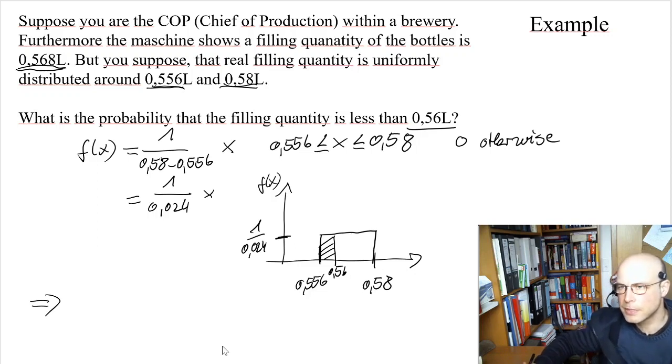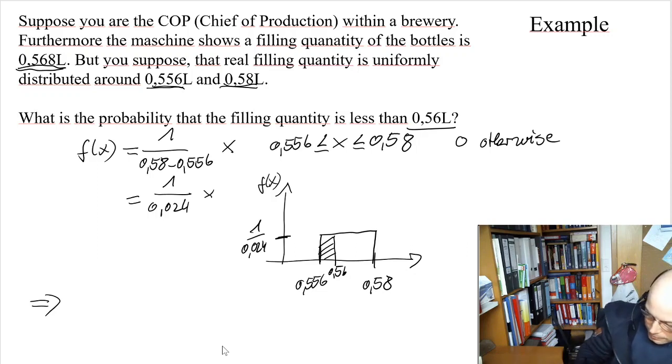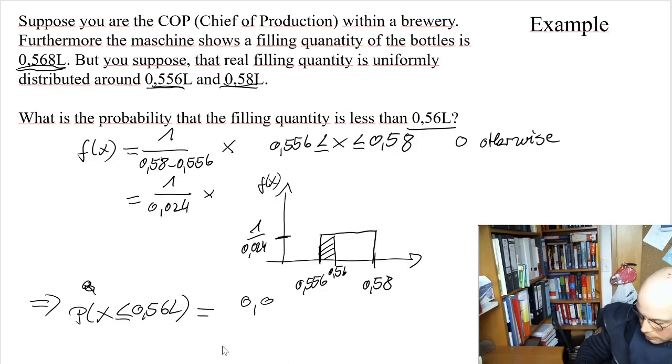And then we obtain, I think, P of x lower than 0.56 liters is very surprisingly 0.004 divided by 0.024, and this is, I think, 1 over 6.